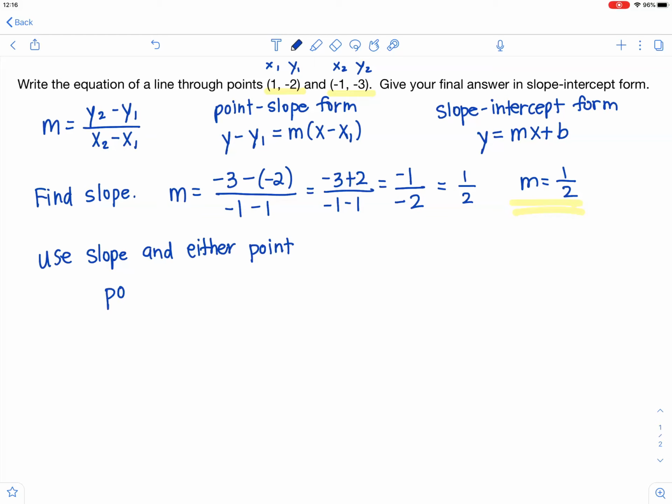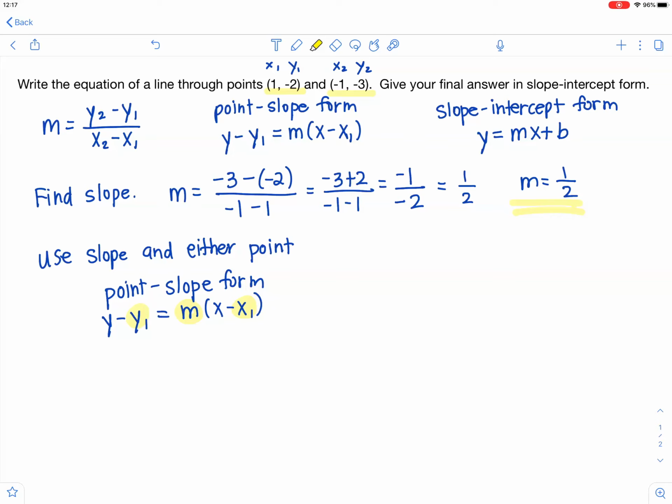So if you're using point slope form, again, that's y minus y1 equals m times x minus x1. In this scenario, you will be plugging in the slope. You will be plugging the x and y coordinates of your point into x sub 1 and y sub 1.